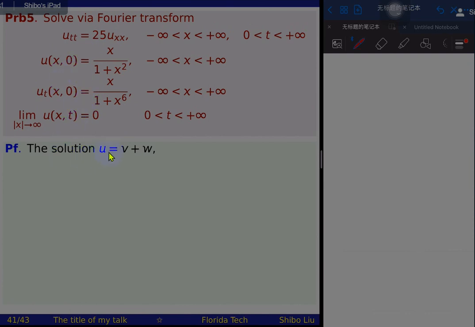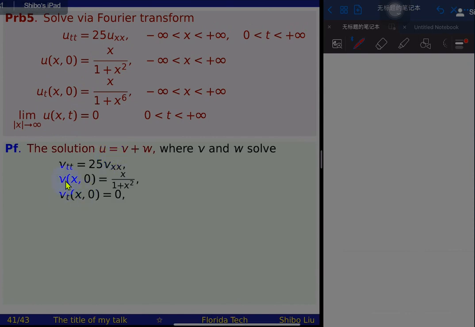By the principle of superposition, V is a solution of the problem with the same PDE and the same initial displacement, but the initial velocity is 0. Then W is the other problem. The PDE is the same, but the initial displacement is 0, and the initial velocity is given as that of U.